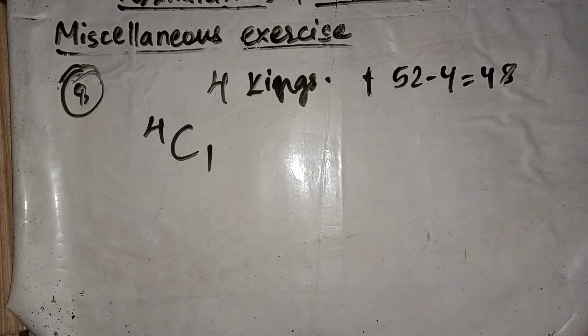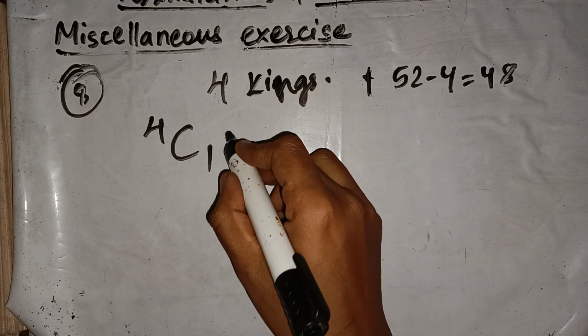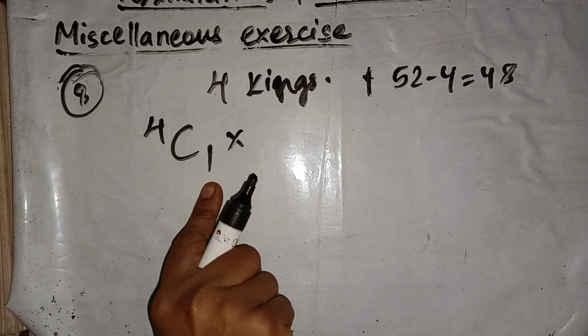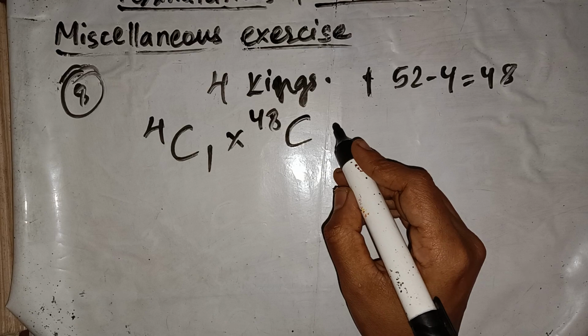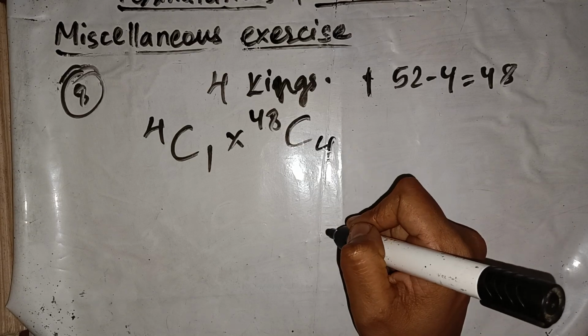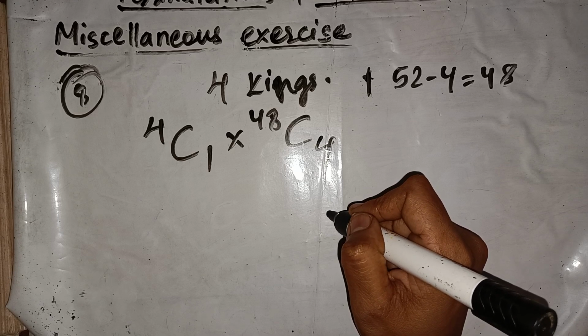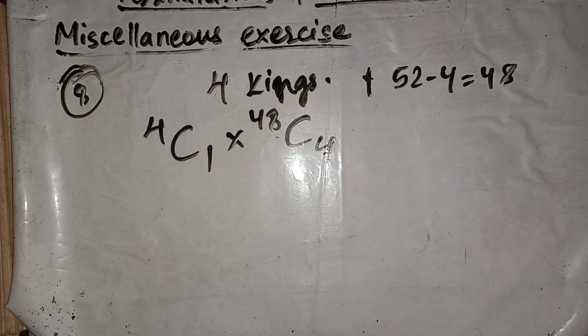Total 5 cards you have to select. So one card is already selected, that is king. Remaining we have to select 4 from 48 cards. This is the possible way. We can calculate this, it will be a very big number.